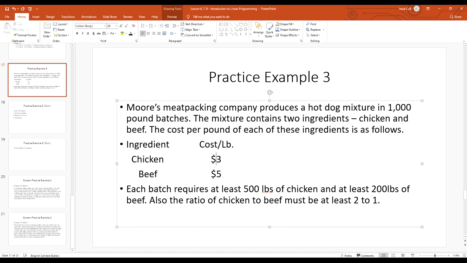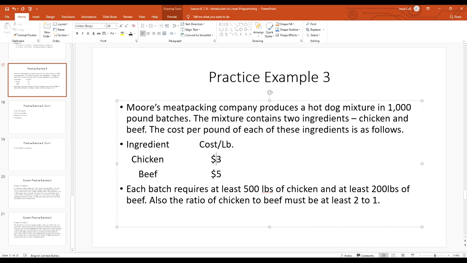Chicken is $3 a pound, and we see that here. Beef is $5 a pound. Each batch requires at least 500 pounds of chicken and at least 200 pounds of beef. Also, the ratio of chicken to beef must be at least 2 to 1.